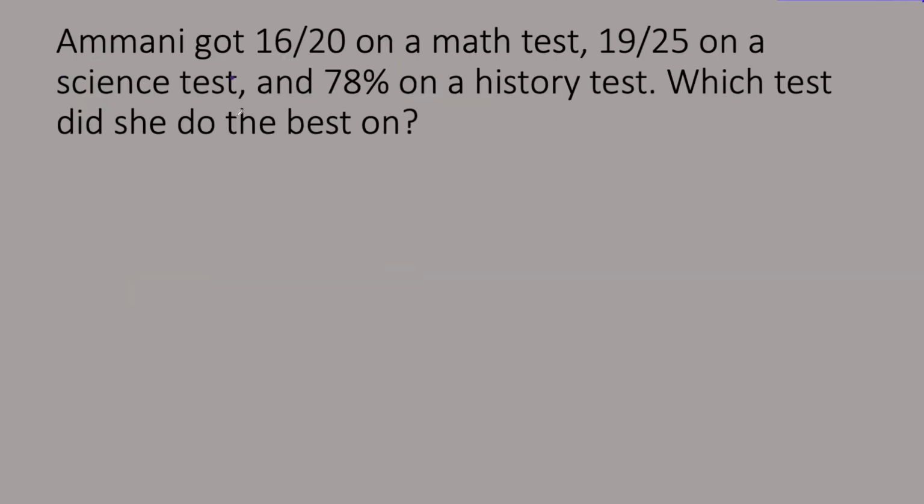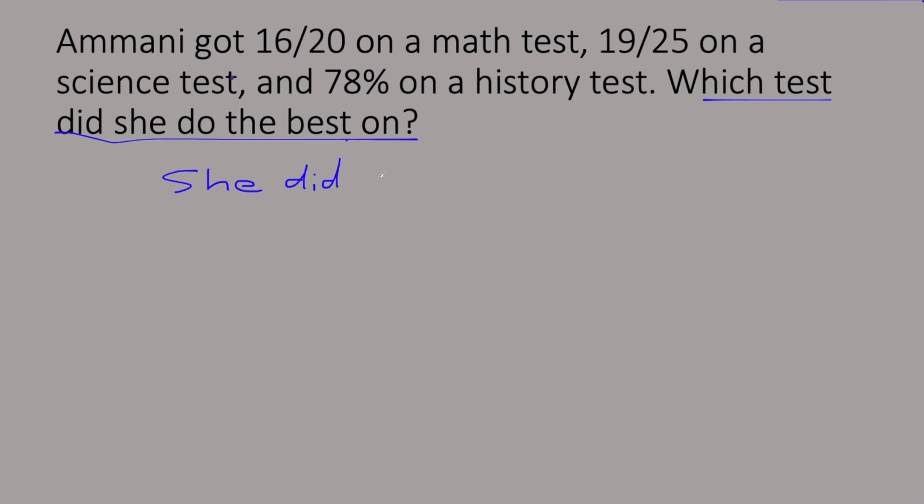Amani got 16 out of 20 on her math test, 19 out of 25 on her science test, and 78% on her history test. Which test did she do the best on? So the first thing I always do when I'm looking at a word problem is figure out which test, I need to know exactly what I'm trying to figure out, right? Which test did she do the best on? And I write a statement, because then I know when I'm filling it in that I've answered the question.